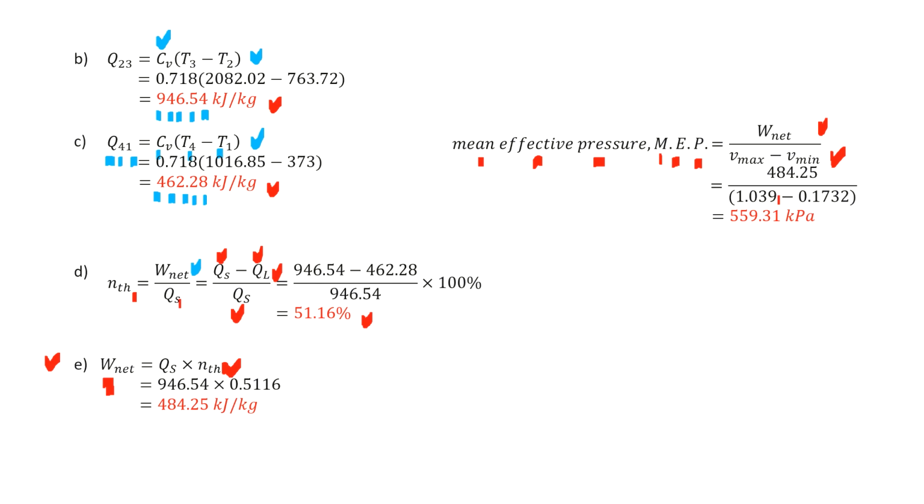So you've got both the volumes, and you have already found the net work. It can be kilojoules per kg or kilojoules in this case, remember, because the mass is 1 kg. So you can find out your mean effective pressure.